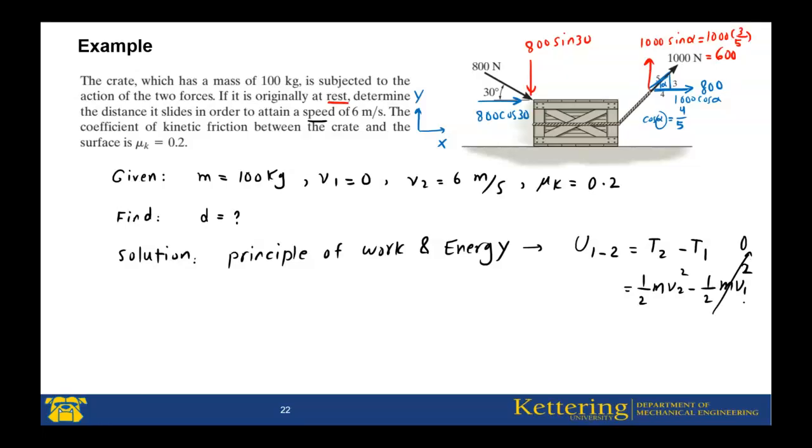T1 is 0 because V1 is 0. Also, it is equal to 1 over 2 m, which is 100, times V2, which is 6 squared.